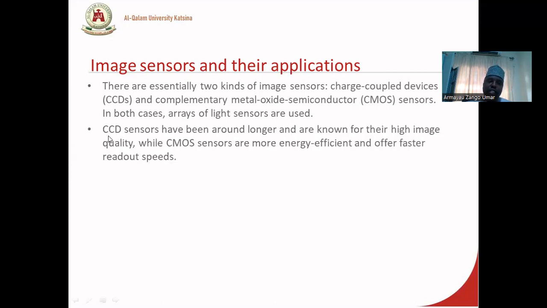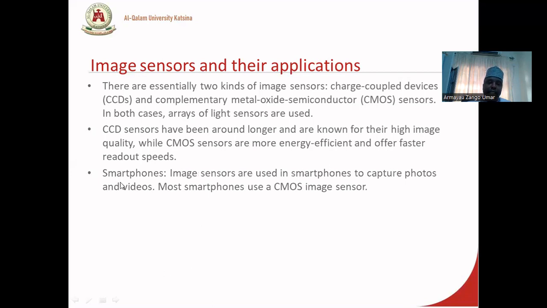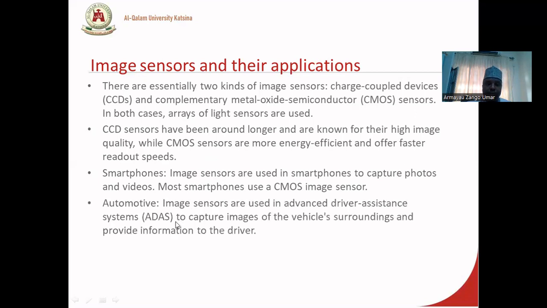So CCD types of sensors have been around for longer, and they are mostly more expensive, but they have higher quality images. While CMOS sensors are generally more energy efficient, and they often have faster readout. So we see why smartphones use these CMOS types of image sensors.